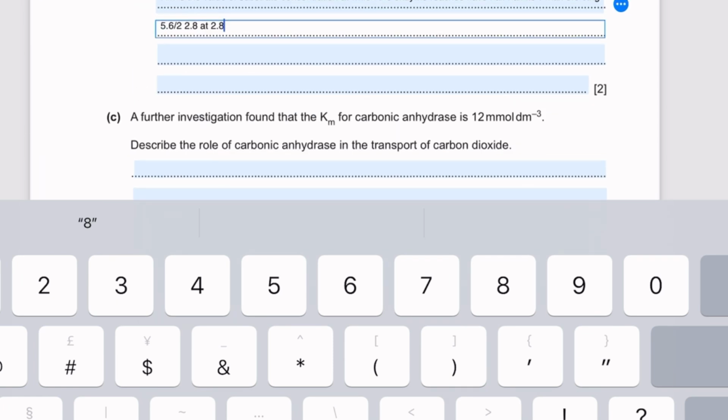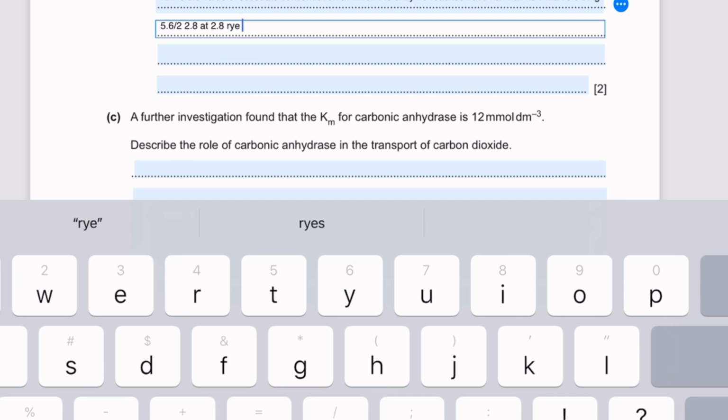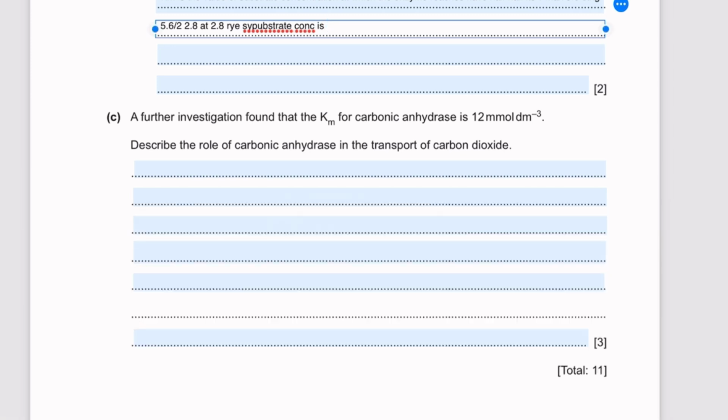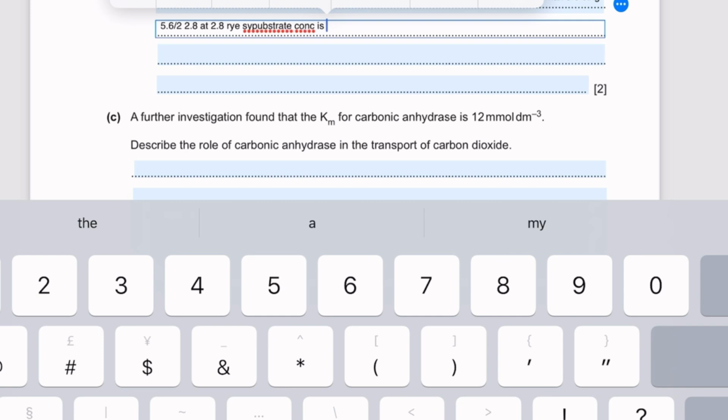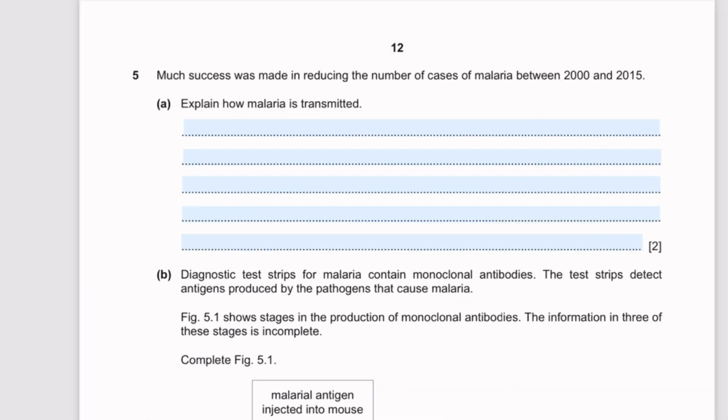At 2.8, the substrate concentration is 0.1, and write the units. Okay, moving on. But this is actually a very common question.